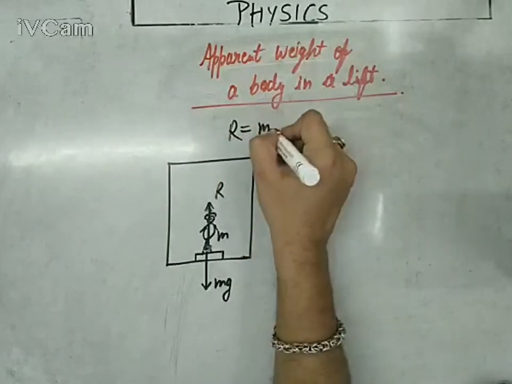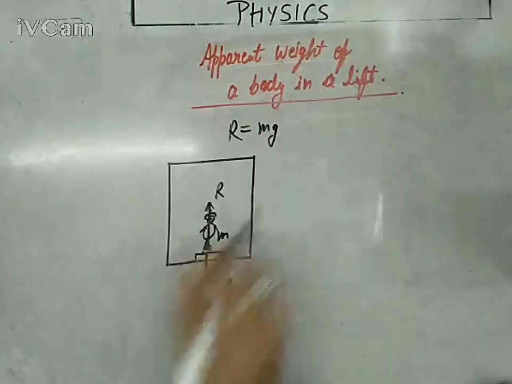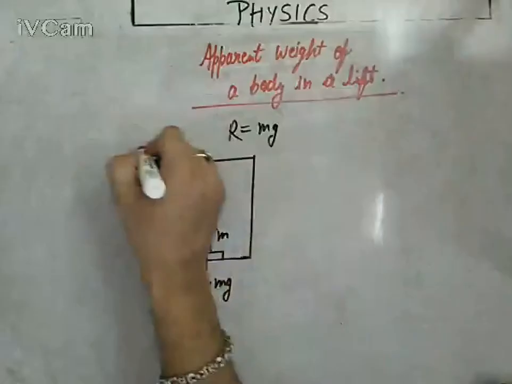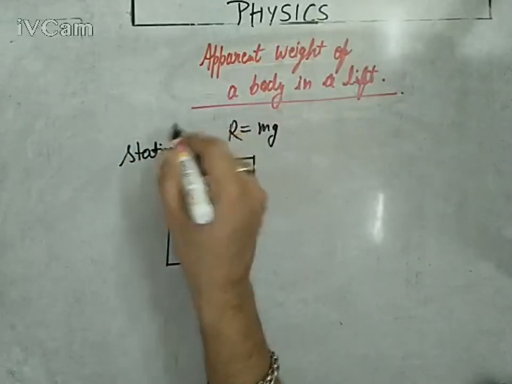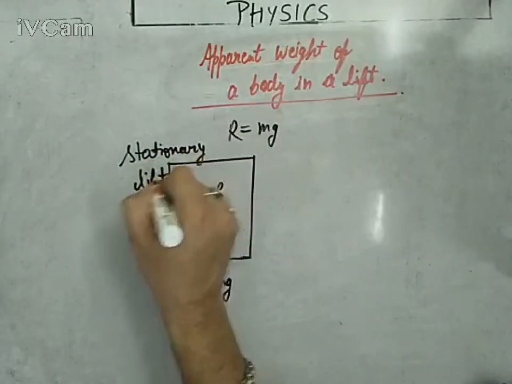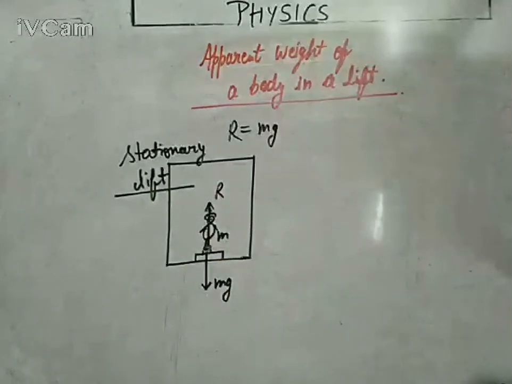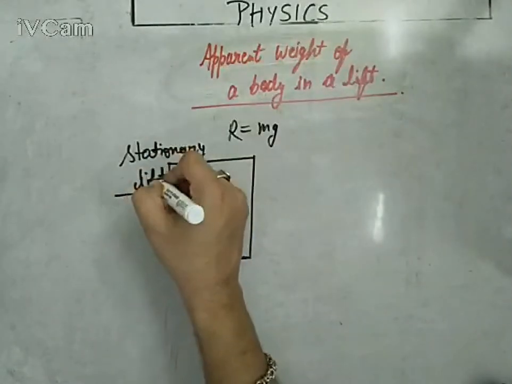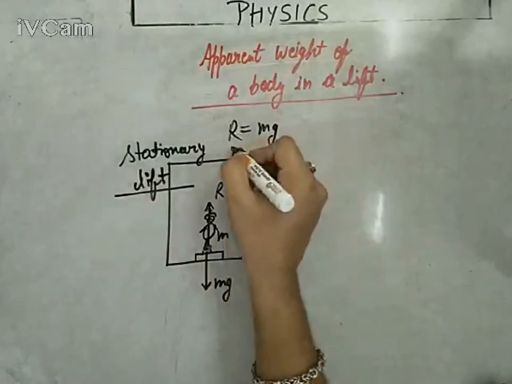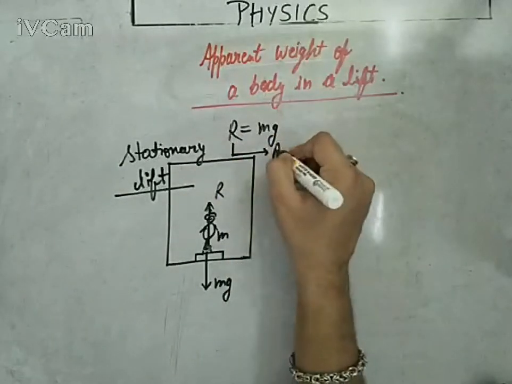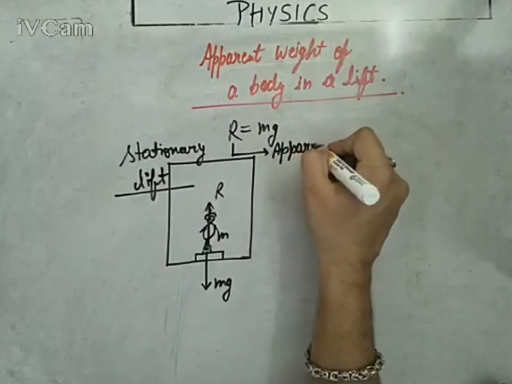When the lift is in a stationary state, the apparent weight would be the same as the real weight of the person. So R is going to explain the person's apparent weight. Keep this in your mind.